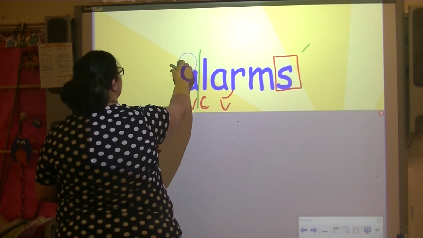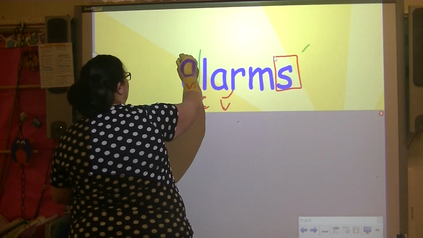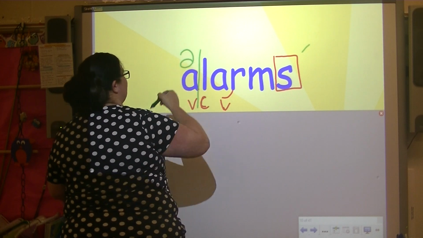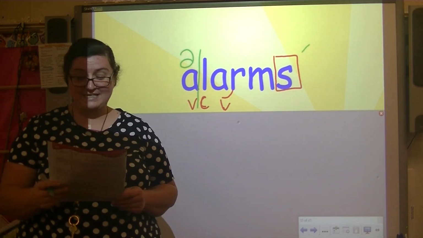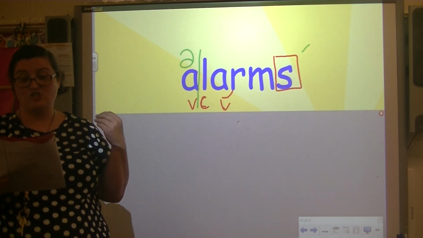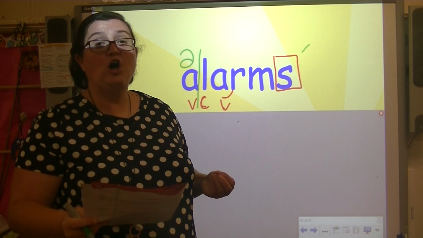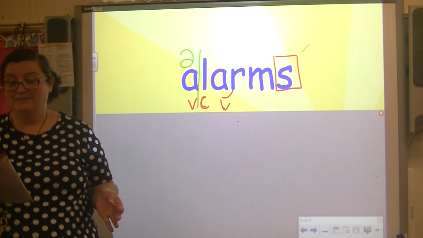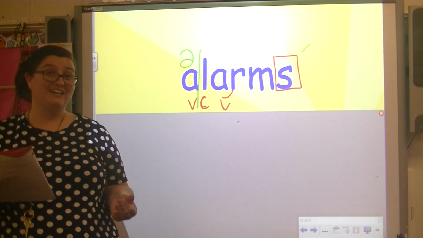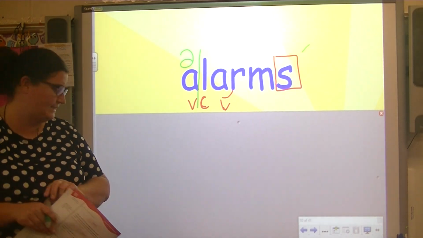How do we code the schwa sound? With an upside down E, right? Yes, upside down E makes the schwa sound. All right, it's that sound. So when an A is open and unaccented, it's usually going to say schwa.